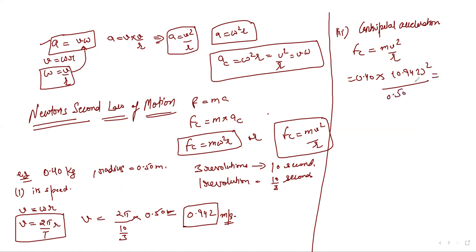You will get the value of centripetal force here, sorry, here I have calculated centripetal force. And when you have to calculate centripetal acceleration, we know that centripetal acceleration will be centripetal force divided by mass, right? So whatever answer you are getting here, divide it by mass, and you will get your centripetal acceleration. Fine. Yes, sir.